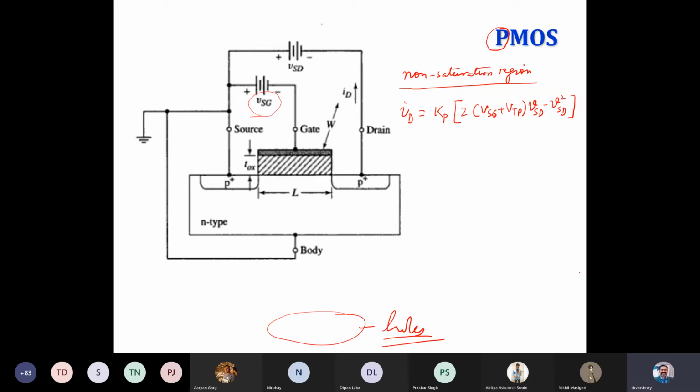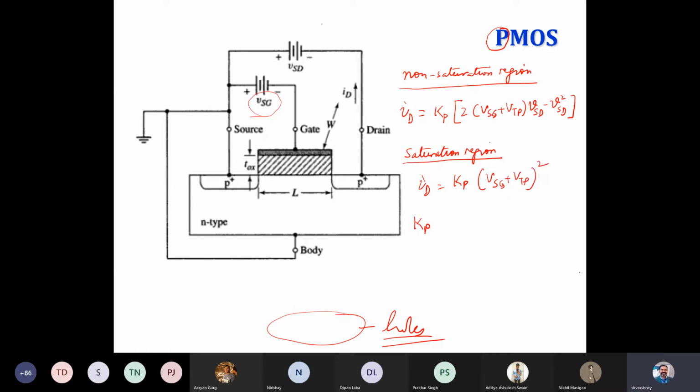So that's the drain current, and for the saturation region, ID is simply Kp, VSG plus VTP square.